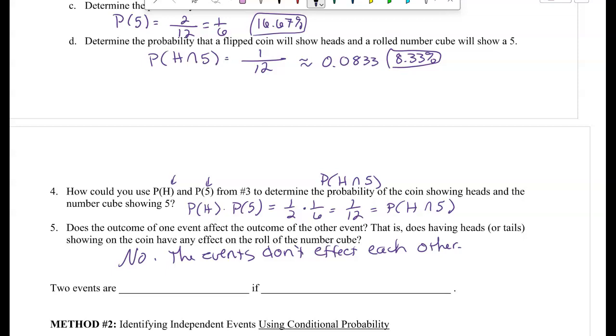If they are independent, this is always true. The probability of one event times the probability of the other equals the probability of putting them both together. So you have one event A, one event B. If I multiply them together, and I found the probability of A and B, like the one we did, the 1 out of 12, and those are equal, you know that they are independent.